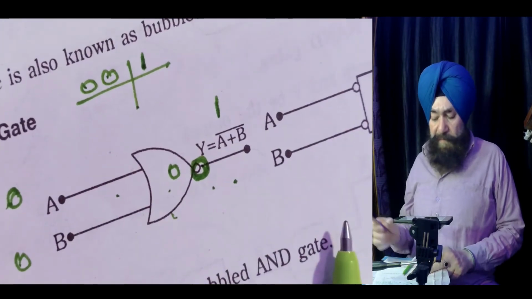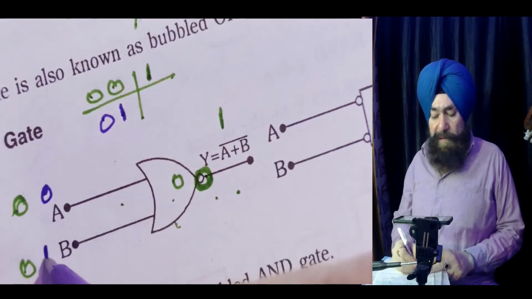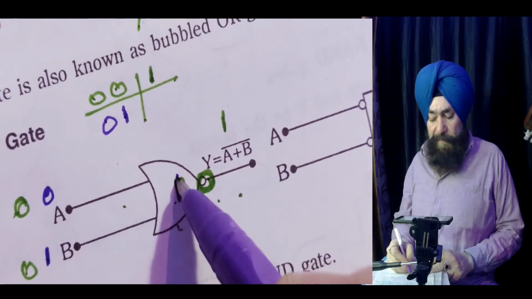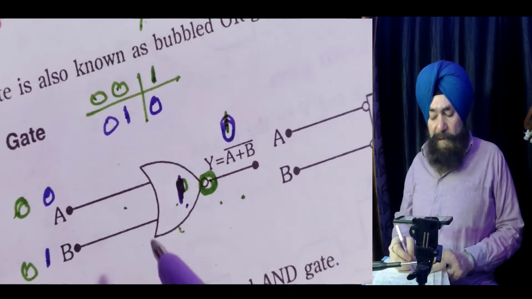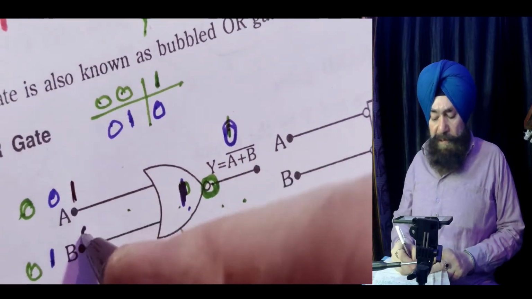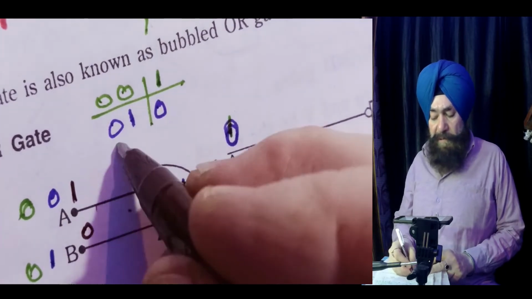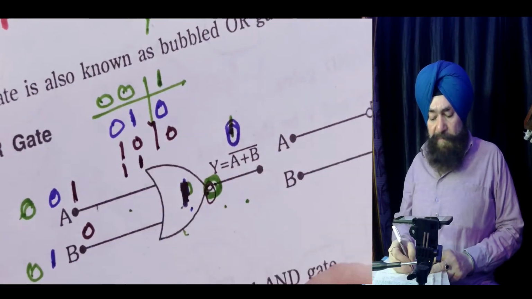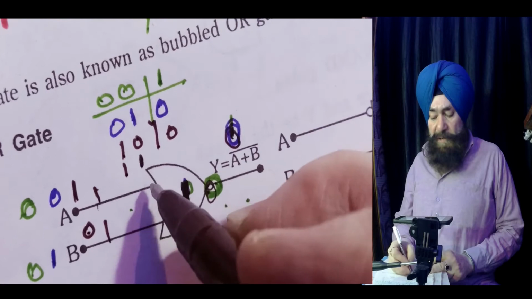Now if 0 and 1, OR gives 1, then output becomes 0. Now if it is 1 and 0, OR gives again 1, and NOT again makes it 0. If 1 1, OR gives 1, and the output is again 0.